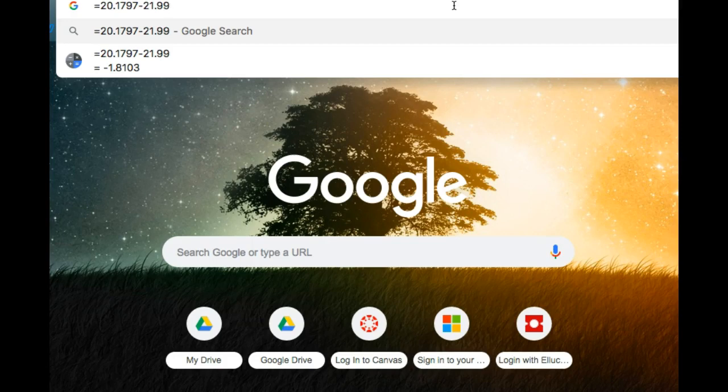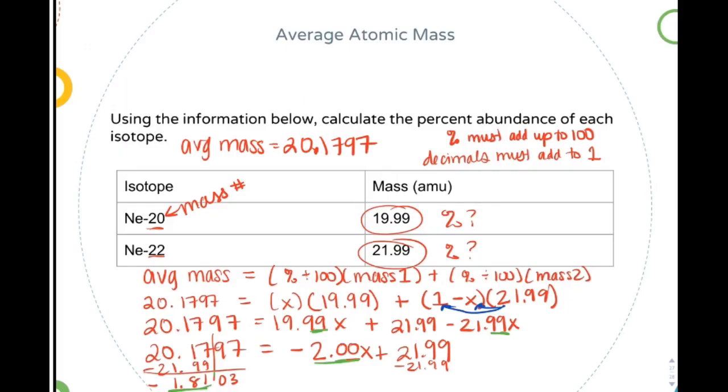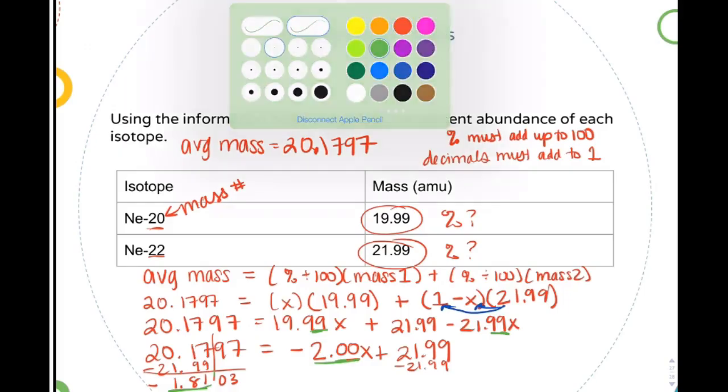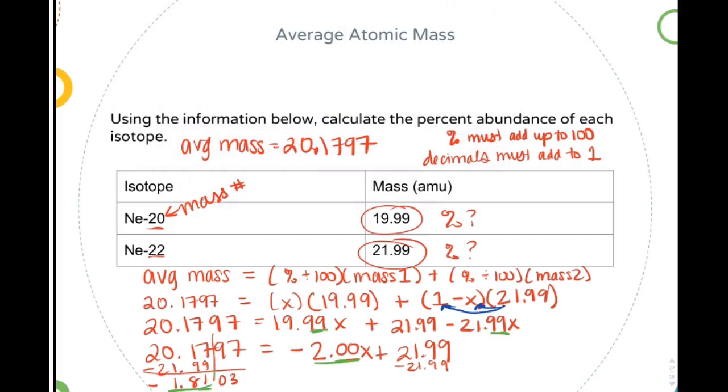Sorry, I'm only going to keep these numbers here. So when I'm doing this math, I'm only going to keep the numbers after the 9 because that's my sig fig rule for addition and subtraction. And so let's do negative 1.8103 with only these numbers kept equals negative 2.00x with these numbers kept.